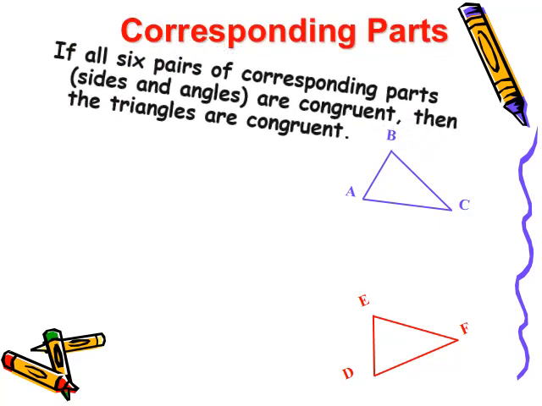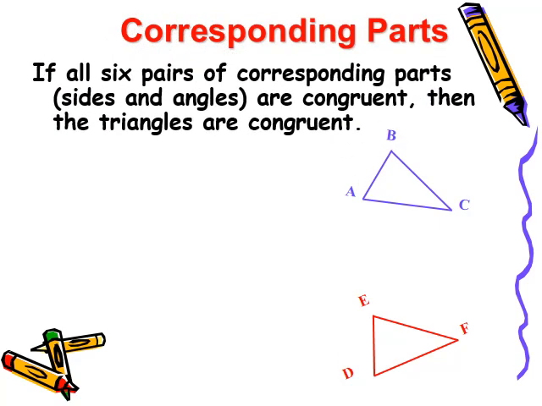Corresponding parts. What is the meaning? If all 6 pairs of corresponding parts, sides and angles, are congruent, then I will say that the triangles are congruent.